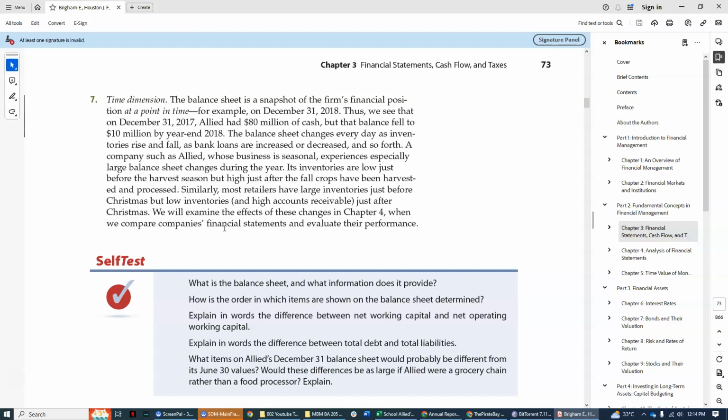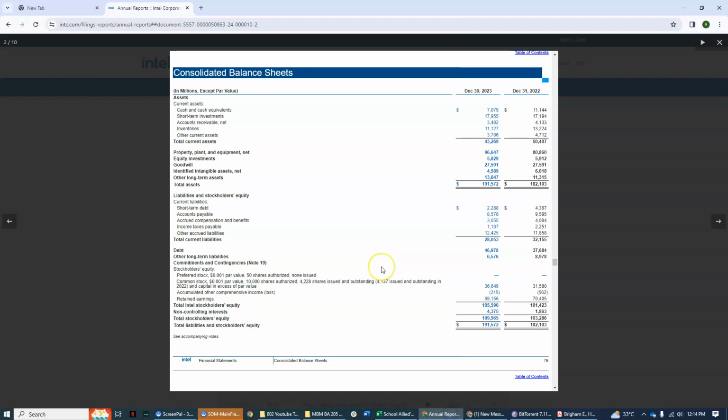So try to appreciate this one. This is how we are going to understand the company itself, that the company is worth 191 billion. Okay, and the total current liabilities is 28 and the total debt is 46.